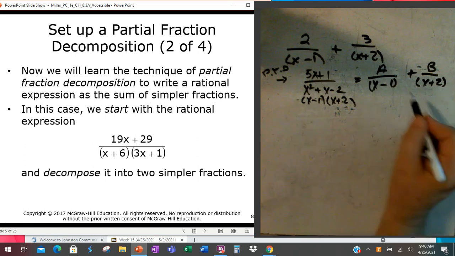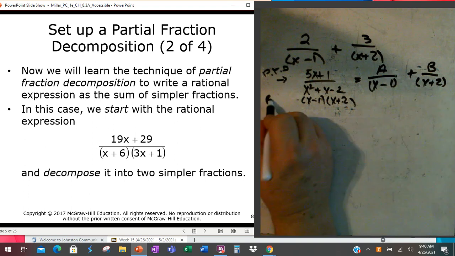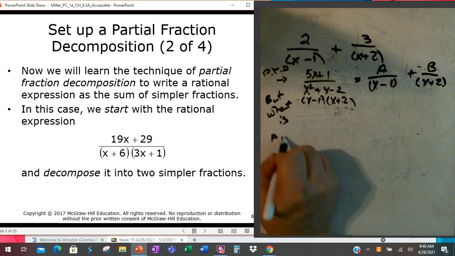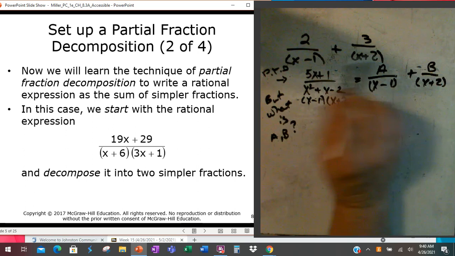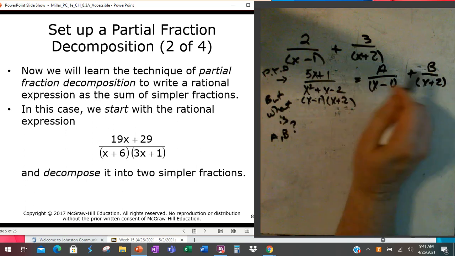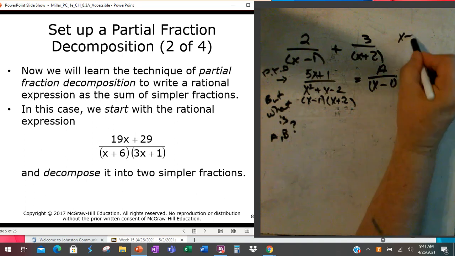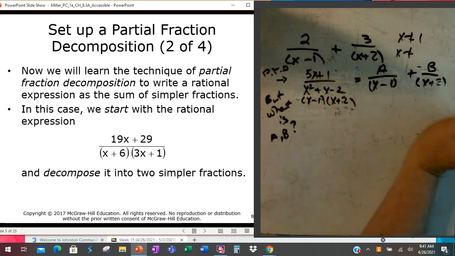Now, once I broke this down, here are my factors. I want to find out what A and B are. So what I'm going to do is just clear fractions. I'm going to get rid of these denominators on both sides. x can't be equal to 1, x can't be equal to negative 2.